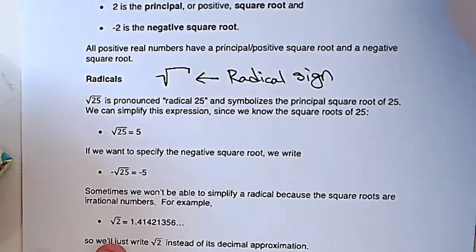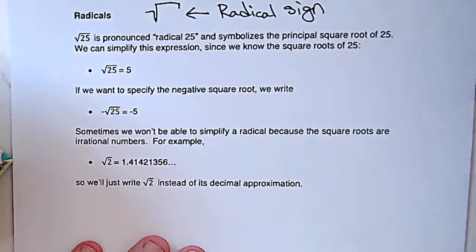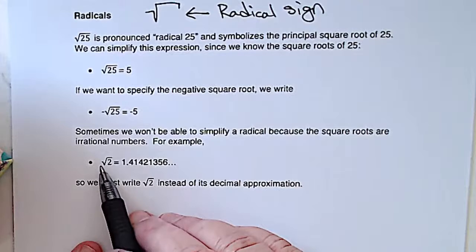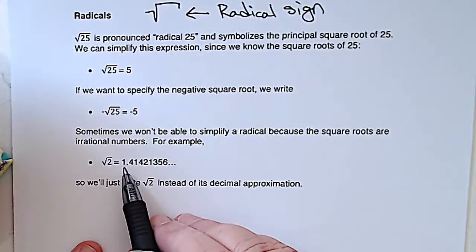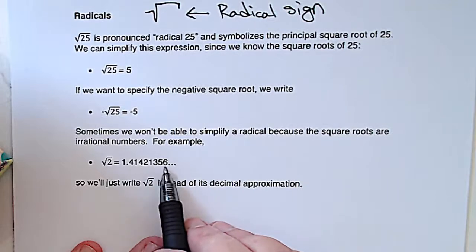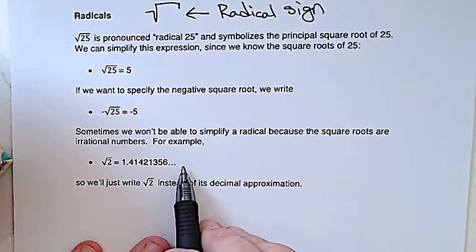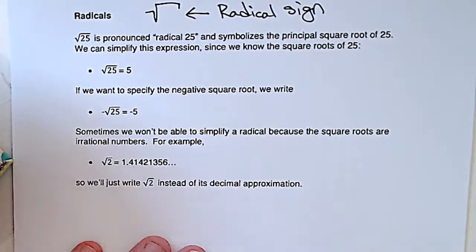That's all. Now, sometimes when we take square roots or radicals, radical 2 is not something nice. This is a non-terminating, non-repeating decimal. Do you remember that? That's an irrational number. Remember that? The irrational numbers.